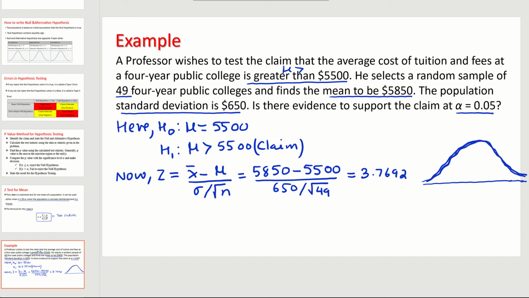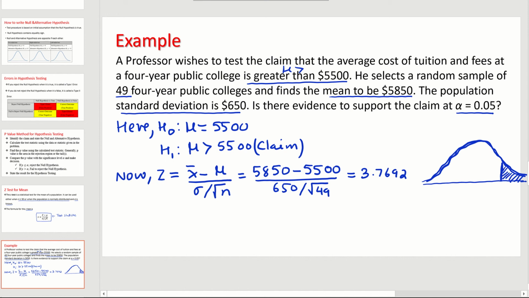Now here, if you look at the hypothesis, you can see that our alternate hypothesis contains the greater than sign, meaning this is a right tail test. So your p-value is in the right tail. This area is your p-value.